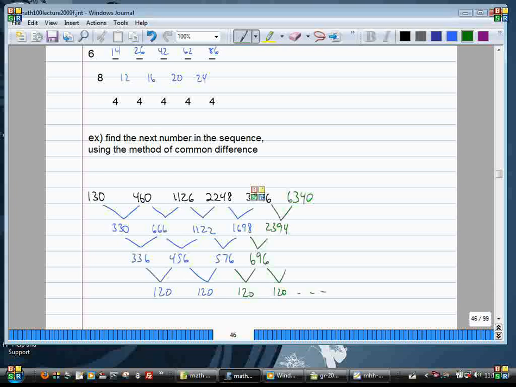Does this make sense? So step one, get it down to the layer where you actually find what the pattern is, and then once you do that, you can fill it in as far as you like. One number is probably enough. So that's the method of common difference.